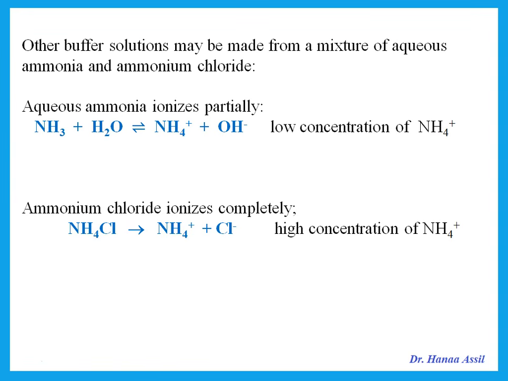So if we add a little bit of base to this solution, then the hydroxide ions will be higher, so it will shift the equilibrium to the left. Again, it will not really affect the overall pH. What if I add acid to the solution? Then the acid will cause the equilibrium to shift to the right, and there is very little overall change in the pH.